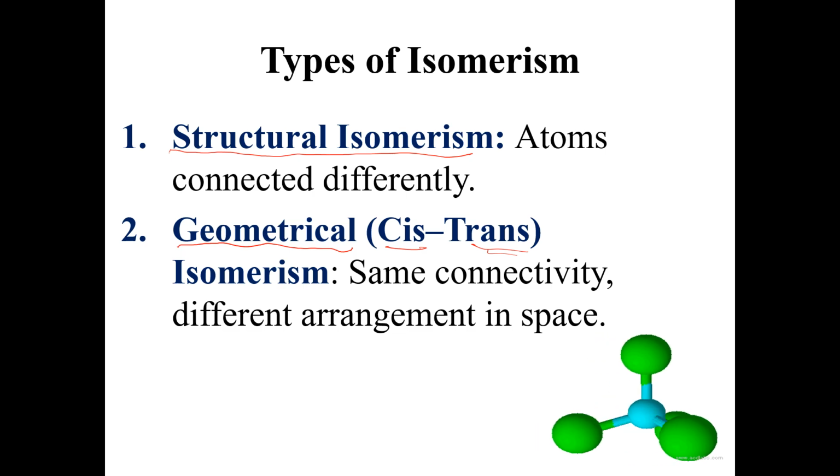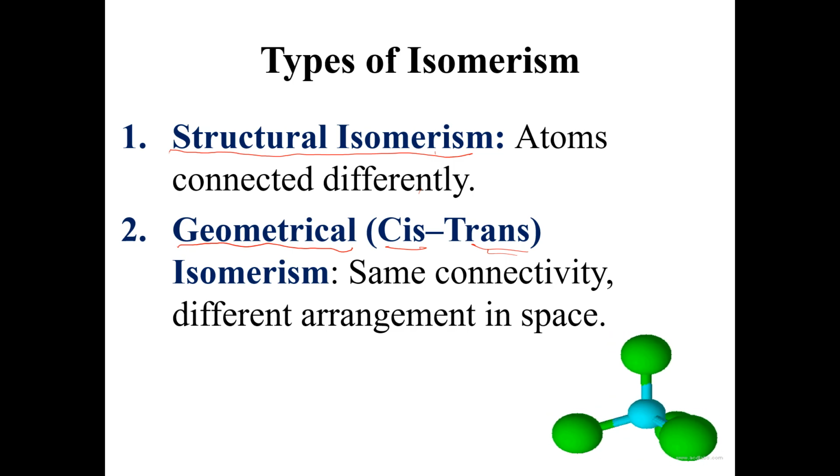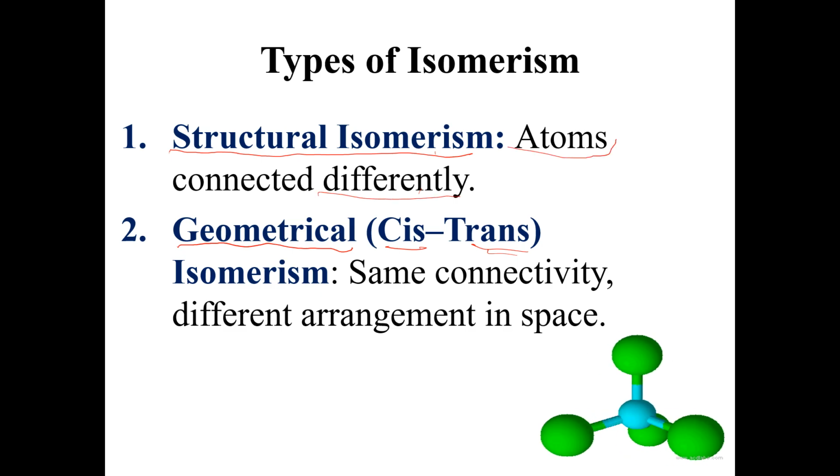And we are saying that in structural isomerism, atoms are connected differently. Already we have said that isomerism is the existence of compounds with the same molecular formula, but they have different structures. Now, when we have these two types, in structural isomerism, the atoms are connected differently. We have a number of structural isomerisms which we are going to look at, the different types, and also how each type can be explained, looking at different examples.